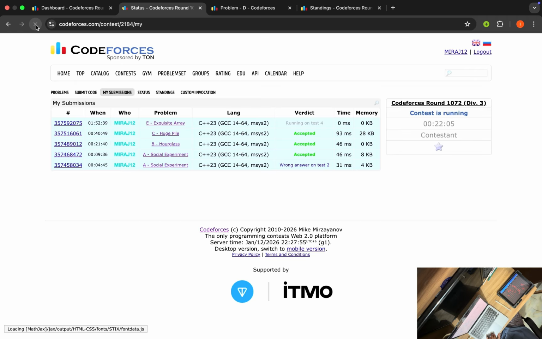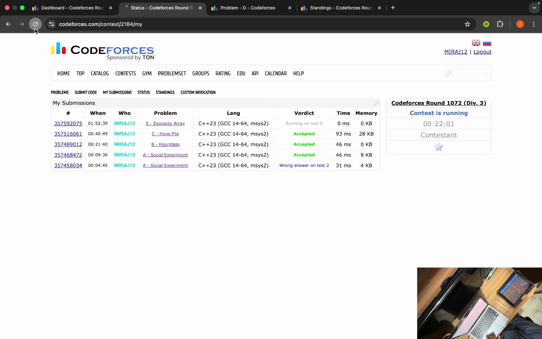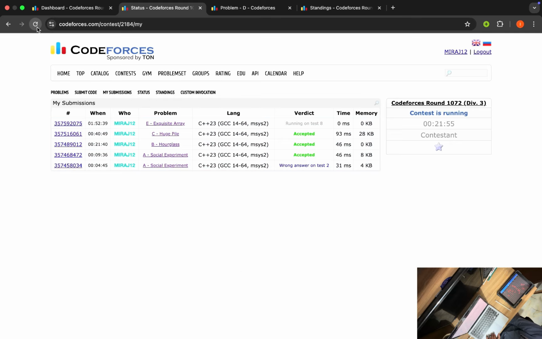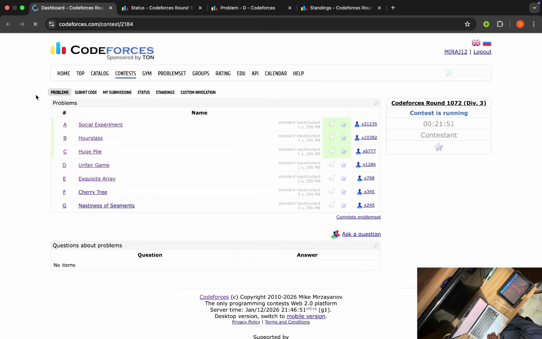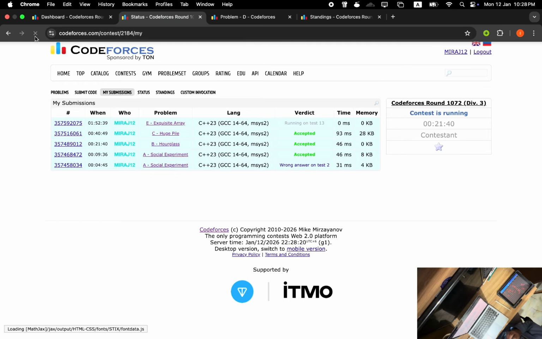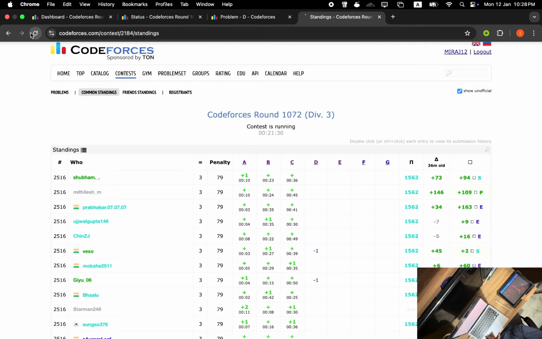Okay, it will not get WA. Dashboard, only 17. Nice.